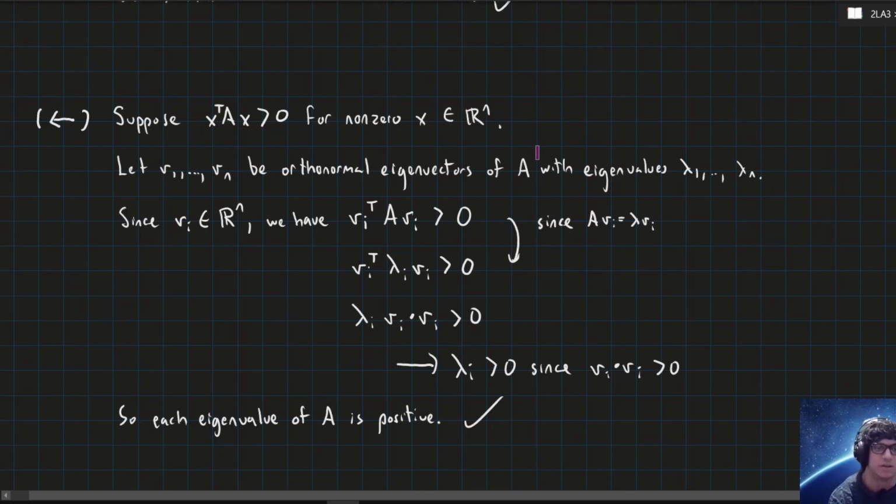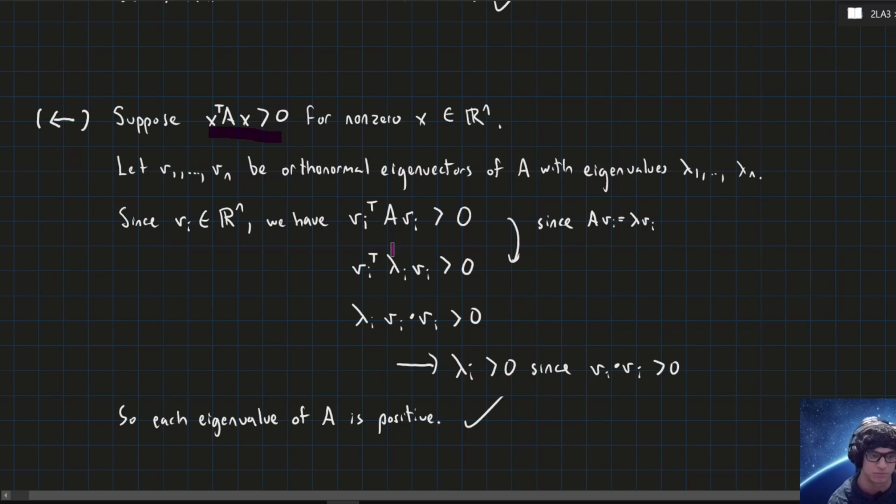Again, since A is symmetric, we can find v1 through vn orthonormal eigenvectors of A with these corresponding eigenvalues.